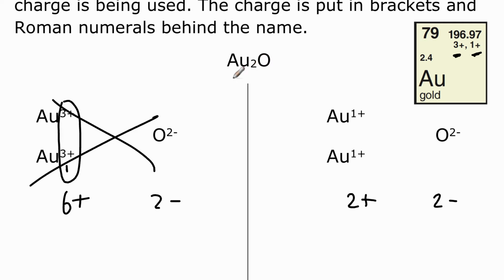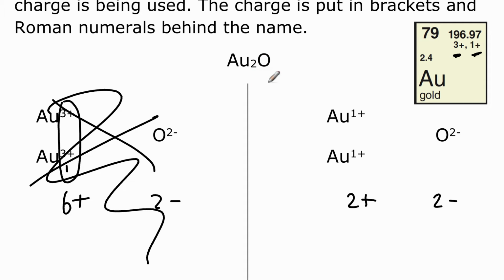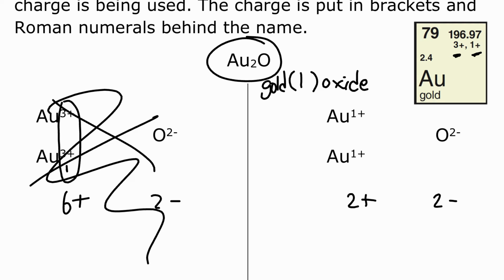Therefore, the name isn't this one over here, it's this. It would be gold, and then in brackets and Roman numerals, I indicate which charge it's using. It's using the 1 plus charge, so the Roman numeral for 1 is I. So gold(I) oxide. That would be the name for this compound here.